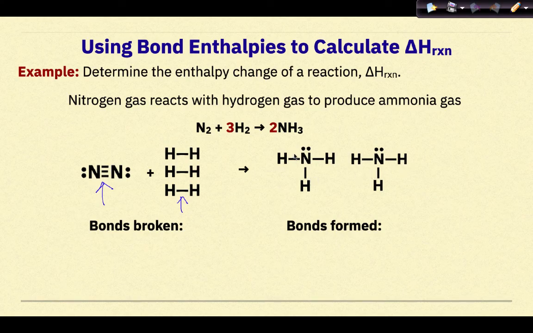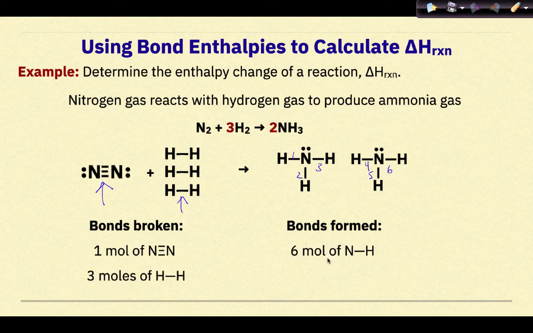So we're going to have to form 1, 2, 3, 4, 5, 6 bonds between hydrogen and nitrogen. So bonds broken will be 1 mole of diatomic nitrogen and 3 moles of diatomic hydrogen, and then bonds being formed are going to be 6 moles of nitrogen bonding to hydrogen.